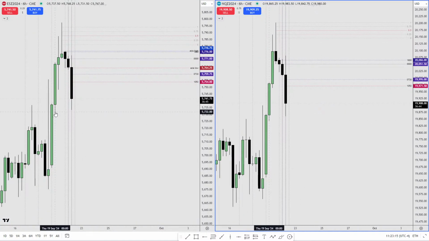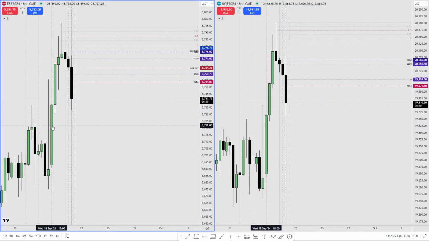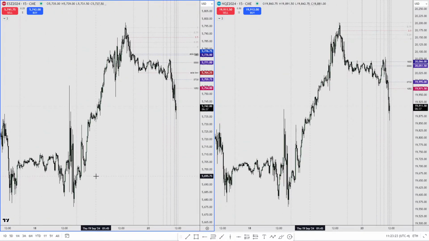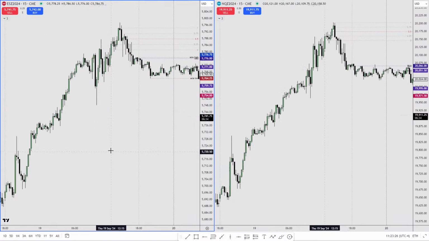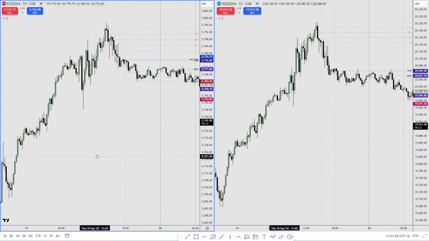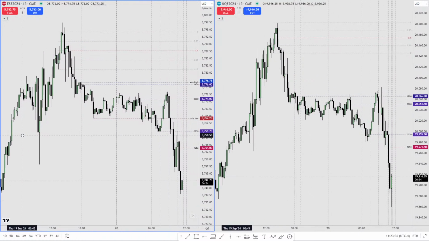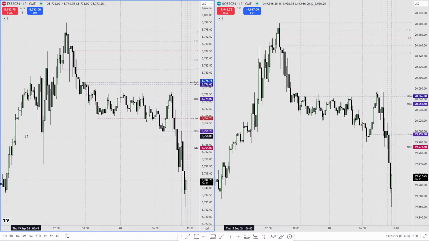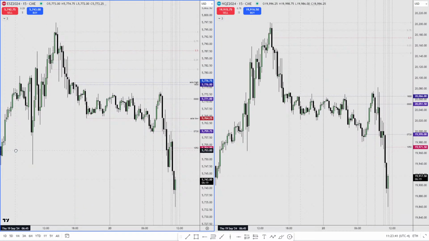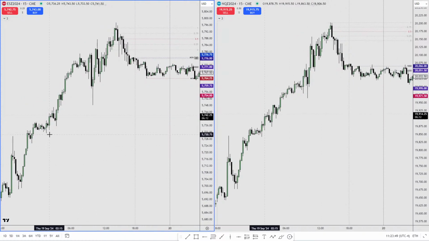This is London session's low from yesterday. If you take a look at the 15 minutes, look at this right here. I don't want to say that we're going to reverse higher into this level here, but if we just respect the order flow, yeah, I can see London's low tagged.